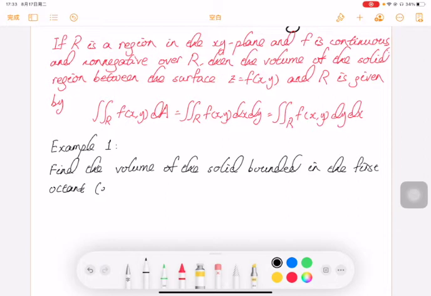The first octant is the part where x is larger than 0, y is larger than 0, and z is larger than or equal to 0.